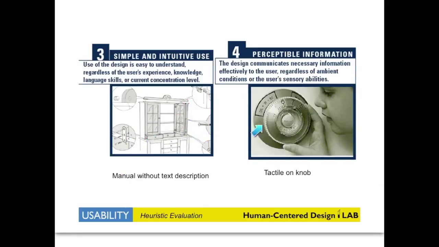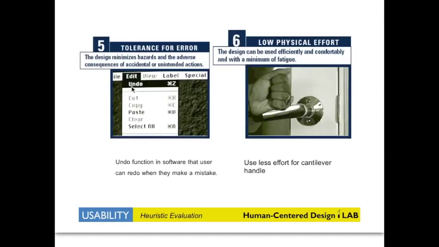Perceptible information. The design communicates the necessary information to the user, like the tactile knob for aging people. Maybe the knob is bigger than the number one. Tolerance for error. Design minimizes the hazard and adverse consequences of accidental and unintended actions. So, for example, you design the undo button for the software for when you make mistakes. Low physical effort. Design can be used efficiently.